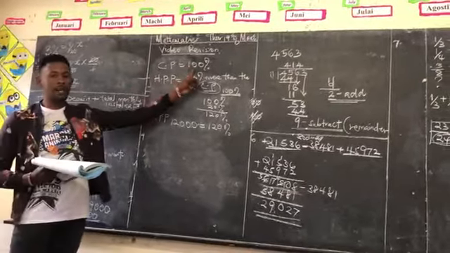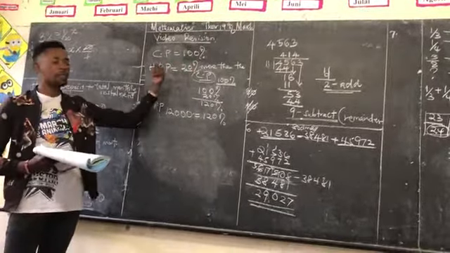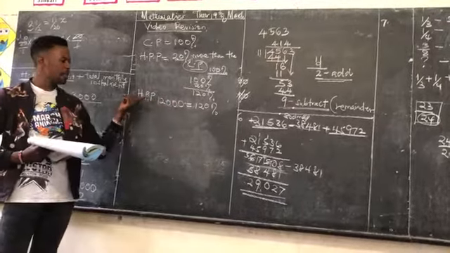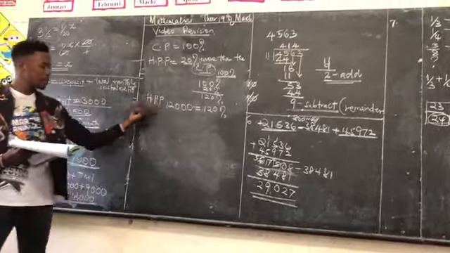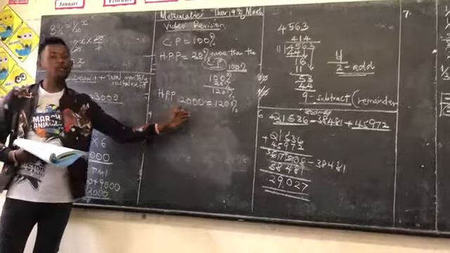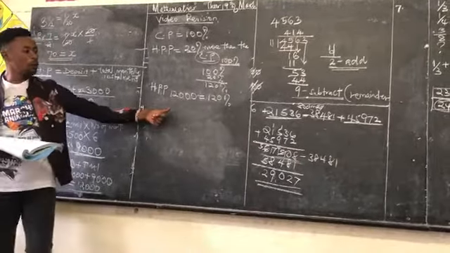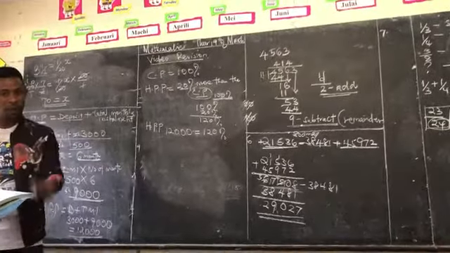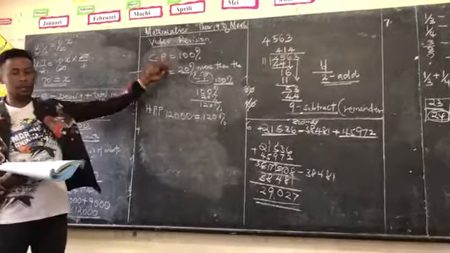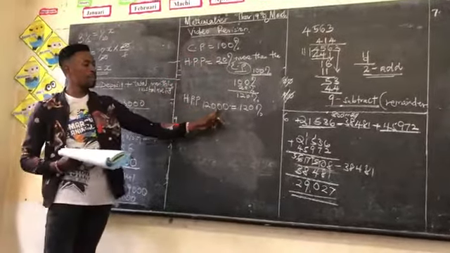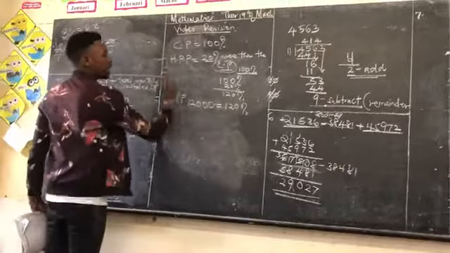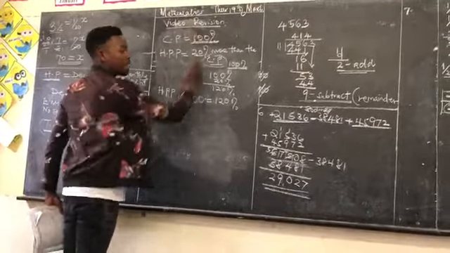The cash price being 100%, 20% more will be 120%, and that is the hire purchase price, which we've calculated as 12,000. So 12,000 is 120%. Now we are told to find the cash price, and the cash price is 100%.